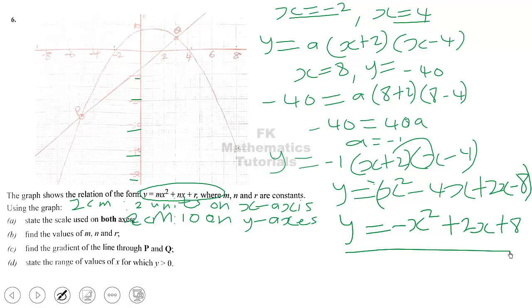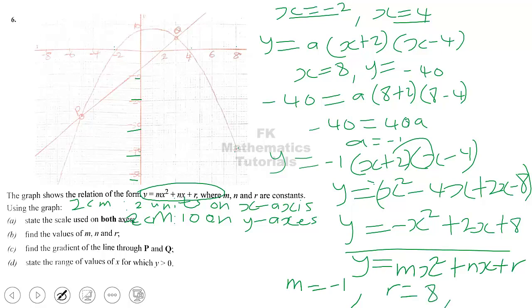When we compare this with y equal mx squared plus nx plus r, we get m is equal to -1, r is equal to 8, and n equal to 2.